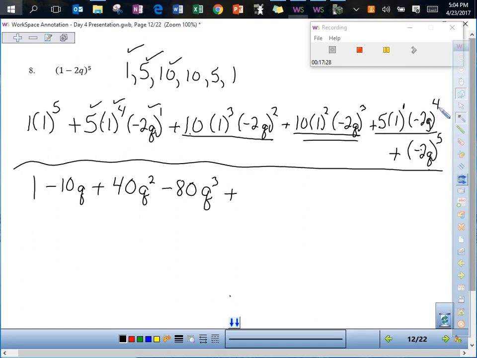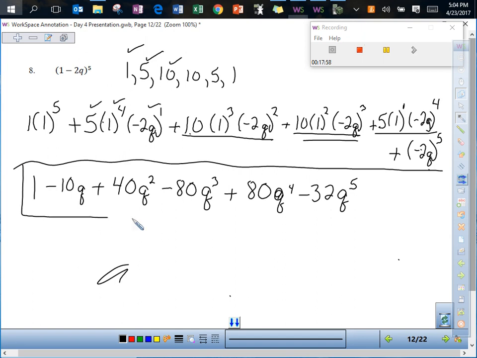Well, negative 2 to the fourth is 16 times 5. So I'm going to have positive 80q to the fourth. And then how about my last term? Negative 2 to the fifth, negative 32q to the fifth.